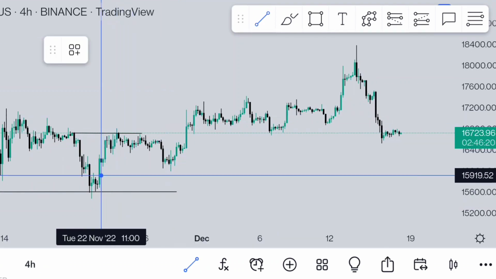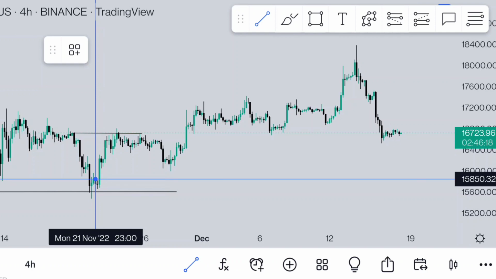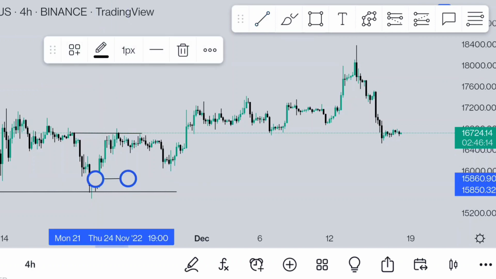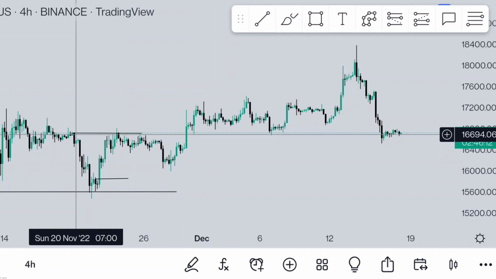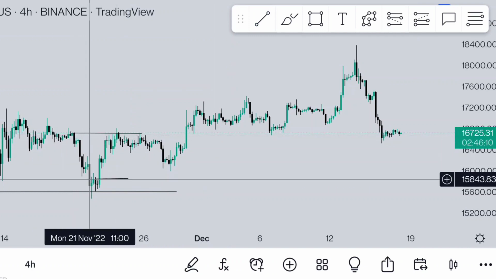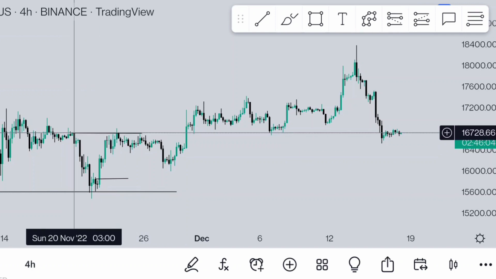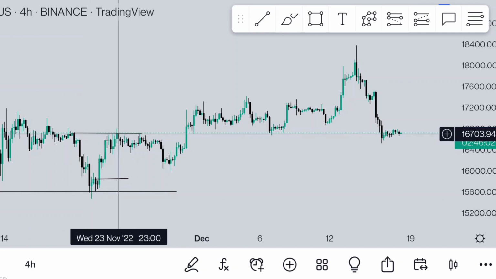Now the moment market structure breaks to the upside, you should target the fair value gap above or the highs. As the market structure was broken to the downside at this place, that should be your target. It went up to that point but didn't close above this market structure break candle. It is necessary that it closes to the upside.